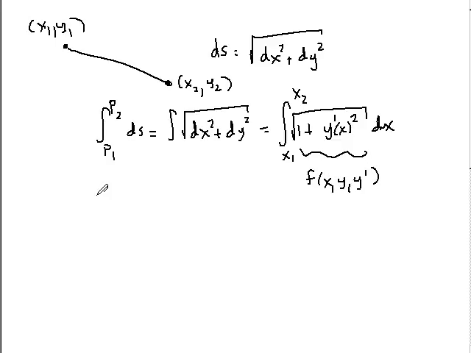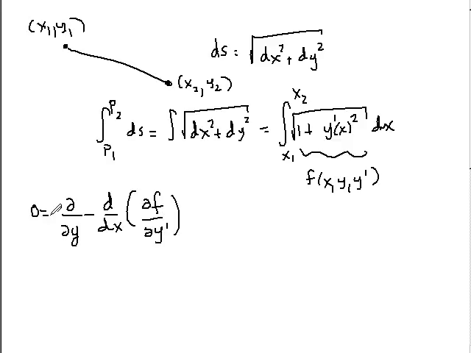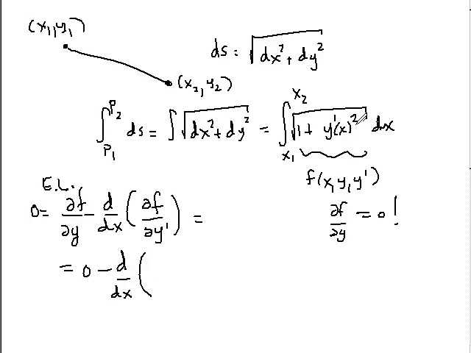And what are the Euler-Lagrange equations? It's df dy minus derivative df dy prime. So Euler-Lagrange equations give you this. Now what is df dy? Df dy is 0, because the function doesn't depend on y, so this is 0. So that's an actual simplification. So this gives me d by dx of, and what is the derivative of this with respect to y prime?